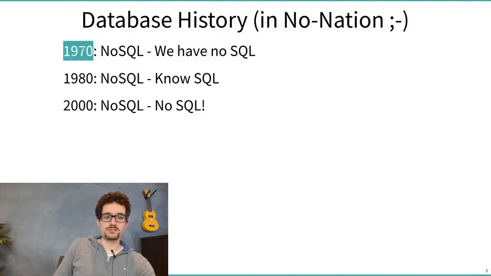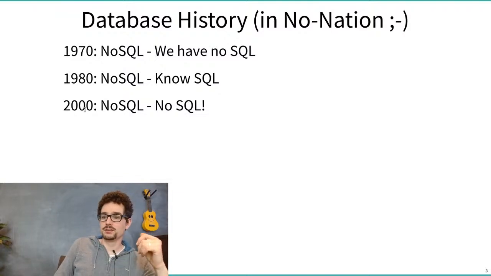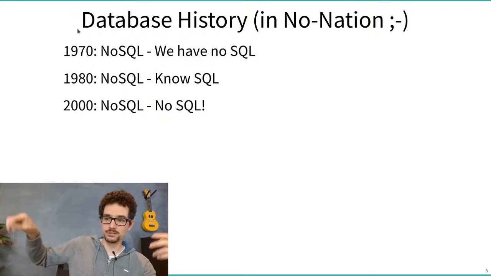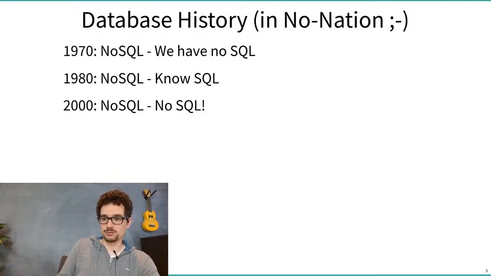Before 1970 and between 1980 and 2000, there were also database systems which used different data models. For example, in the 1960s, there were network models which modeled the objects like objects in a programming language. Then there was the hierarchical model and XML databases and so on. We took a look at BaseX in another lecture. These are older than the word NoSQL, but nobody called them NoSQL.